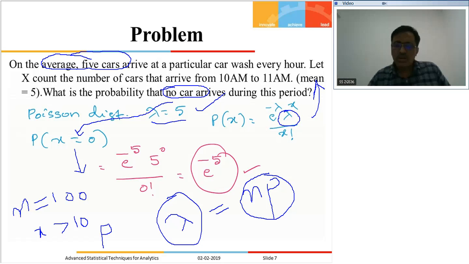If we calculate e power minus 5, then accordingly we can comment, depending on the probability, whether there is no possibility that this situation happens. Suppose the probability is 0.8, then we comment that the probability is very high, that means this event happens.